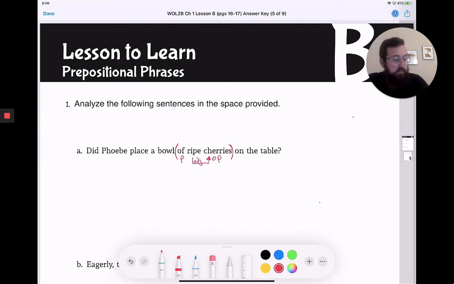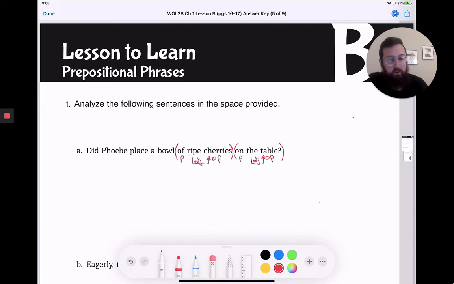I also have another prepositional phrase. On the table. On is my preposition. Table is my object of the preposition. And the is an adjective to table.